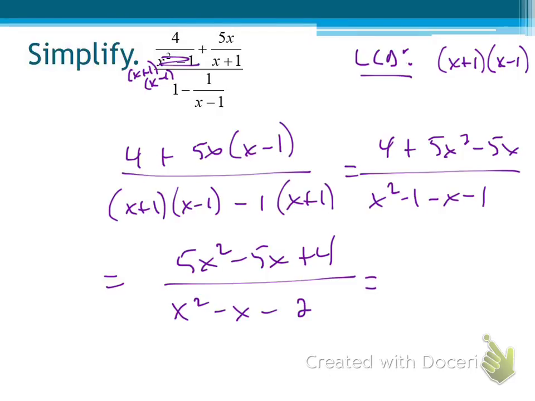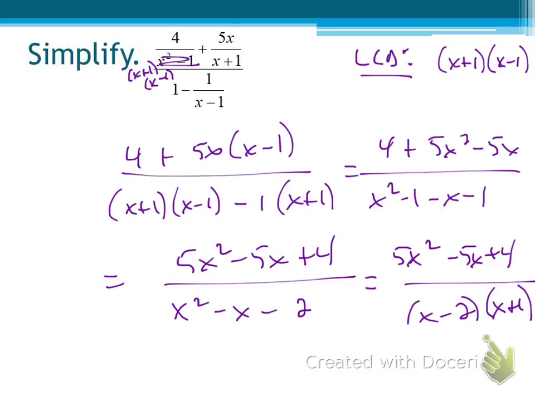We're not going to be able to factor the numerator, so it doesn't really matter if we can factor the denominator or not. I mean, we could, into x minus 2, x plus 1. I'm going to take a look at the numerator one more time. And I just don't think we're going to be able to factor it. So, we're done there.